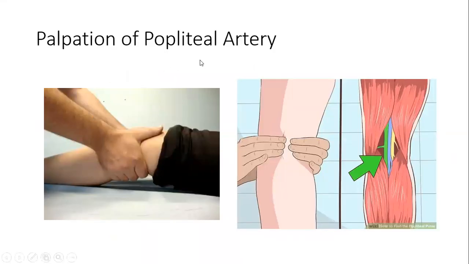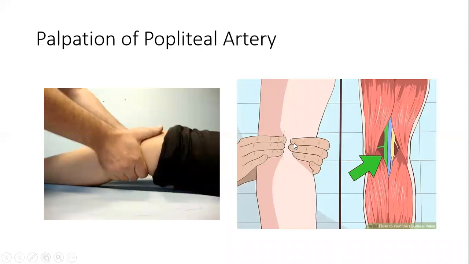Palpation of the popliteal artery is very important because of its clinical significance. The method to palpate the popliteal artery is to slightly flex the leg at the knee joint and keep the palms of the two hands over the anterior or front side of the leg, whereas the fingers, especially the index and middle fingers, go into the sides of the popliteal fossa.